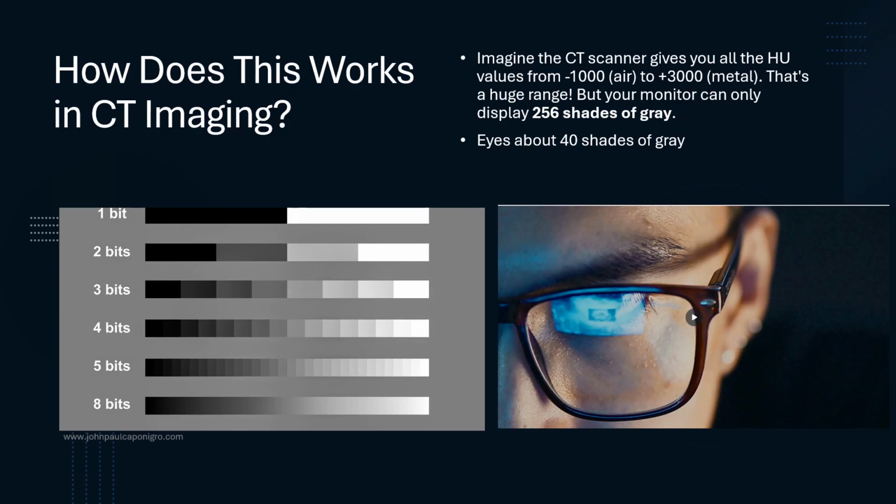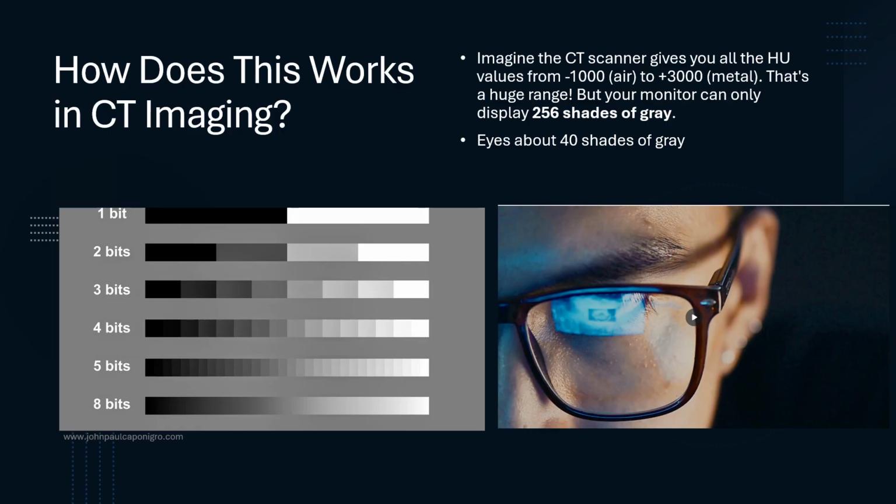Now, here's why this is important for CT imaging. As discussed, CT assigns every pixel a number called a Hounsfield unit based on the tissue density. There are more than 2,000 possible Hounsfield unit values in the body. Imagine the CT scanner gives you all the Hounsfield unit values from a negative 1,000 for air to a positive 3,000 for metal.